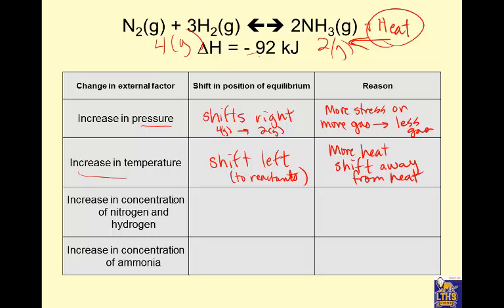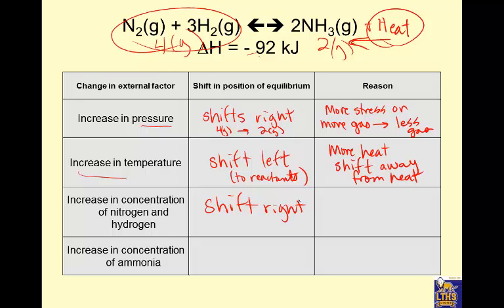Increase the concentration of hydrogen and nitrogen gas. That's putting stress on this side because we're putting more stuff on that side. So it's going to shift right, away from the stress. More reactant, shift to product.